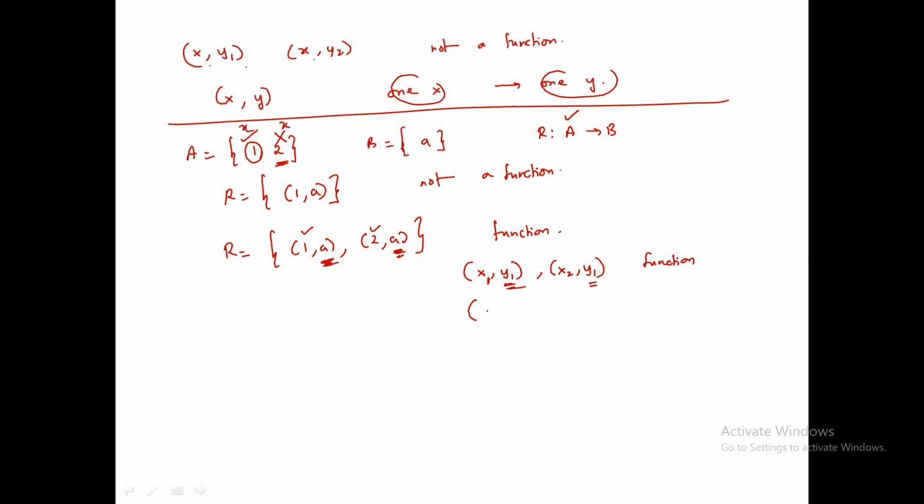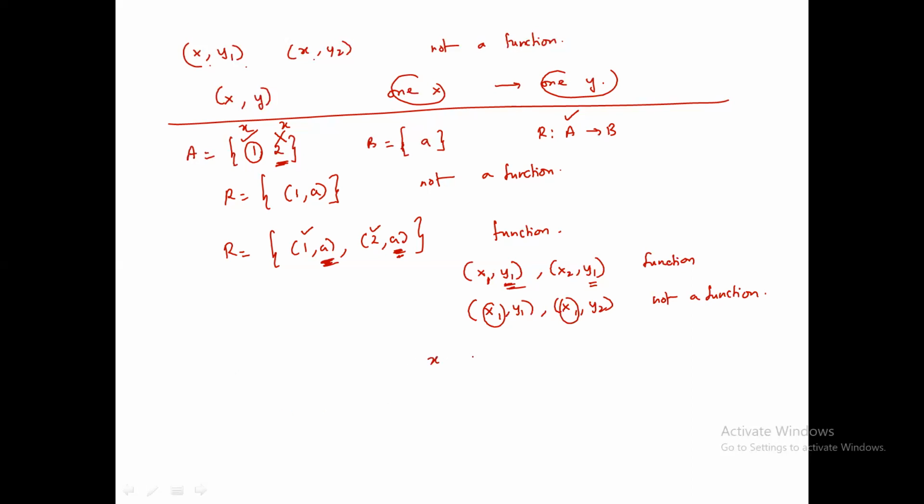But if x repeats, (x1, y1), (x1, y2), x is repeating, it is not a function. This you have to keep in mind. y can repeat, x cannot repeat. Don't get confused with this.